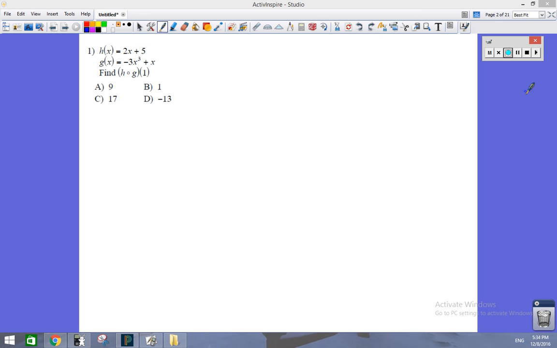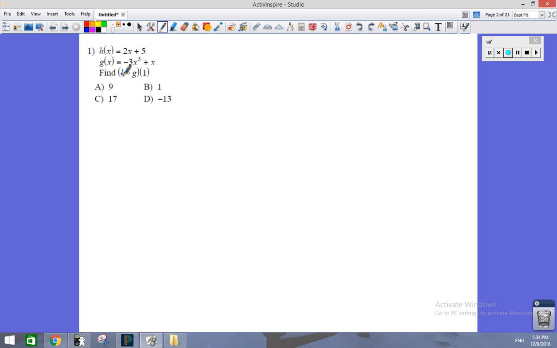Then our final answer from that is the answer for the composition. I've had success getting students to mentally think about function composition like an assembly line. The notation can be awkward when you first learn it, because normally you read from left to right, but with function composition, we actually go from right to left.